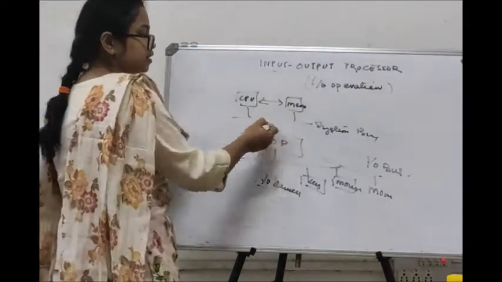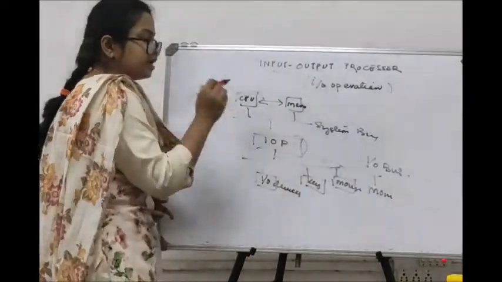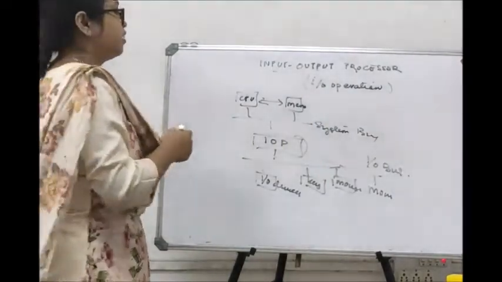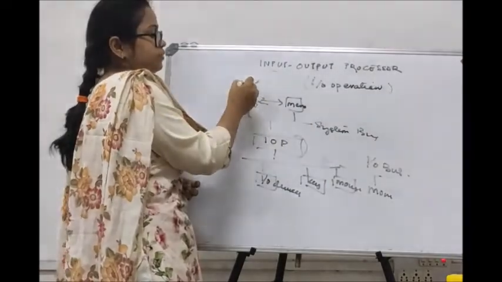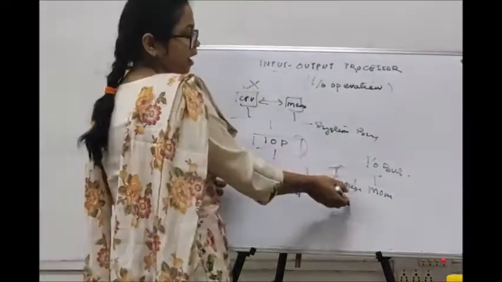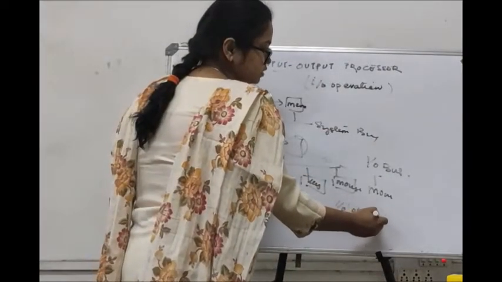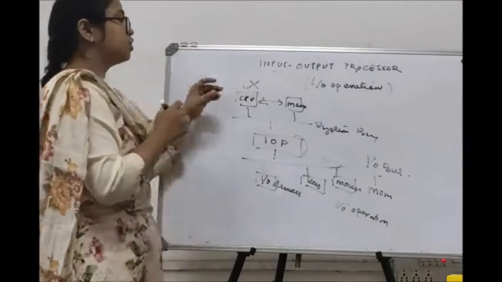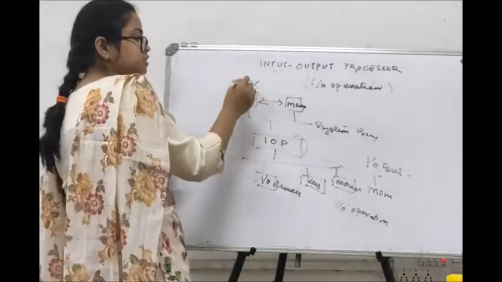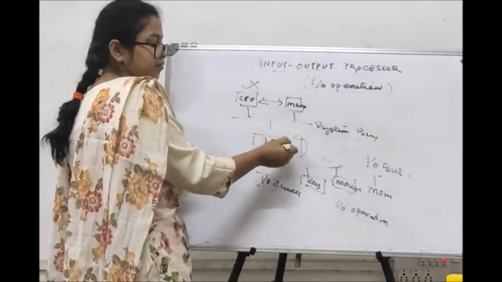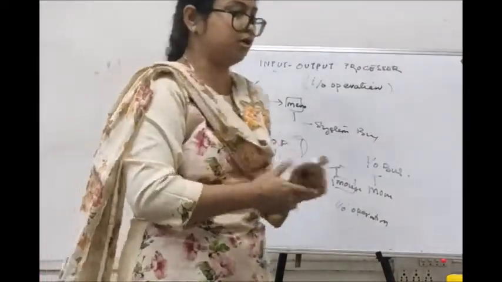Then this processor will take care of every IO processing. We do not need the CPU now. The CPU is not required for IO operations at all, because whatever the CPU was doing can be done by the input-output processor.